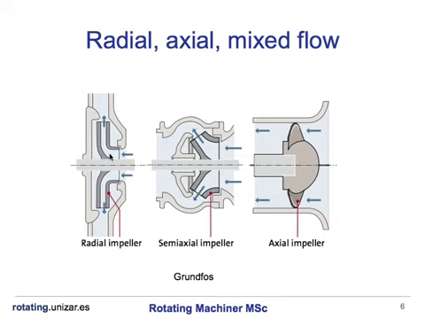You can see in this impeller the velocity has mostly or exclusively a radial component. In this other impeller, you can see the flow has mainly an axial direction. And finally, in this semi-axial impeller, you can see the velocity has both a radial and an axial component.